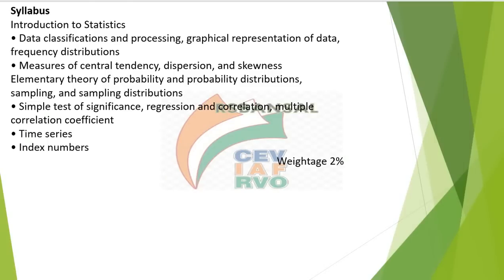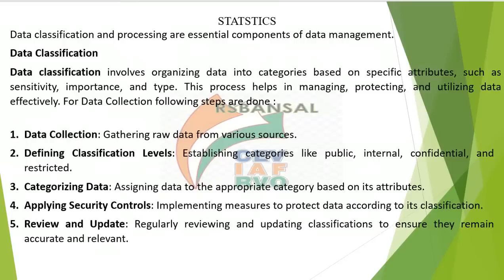So we will not deal with other parts because, as far as statistics is concerned, you know it is a very vast subject. So the first thing you have to learn is data classification. So what is data classification?